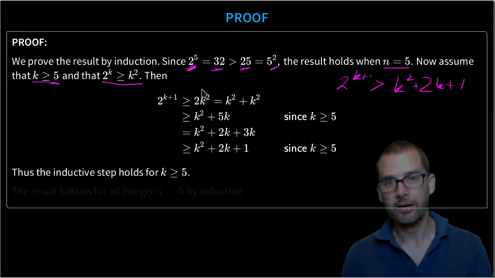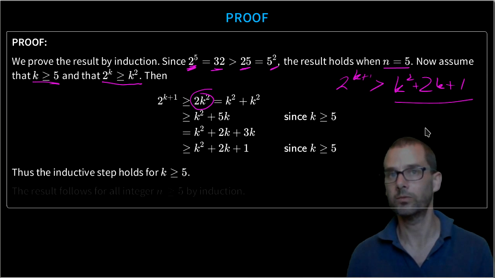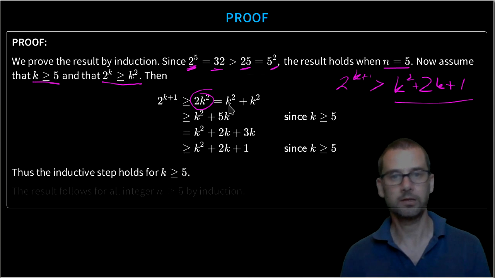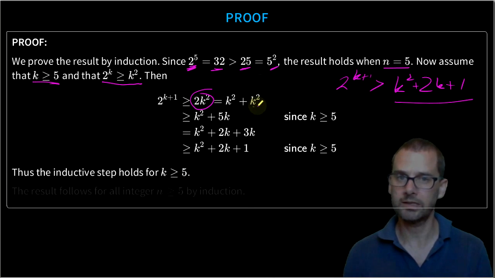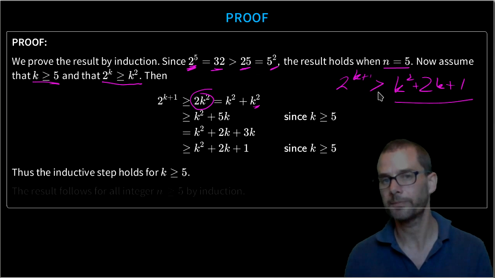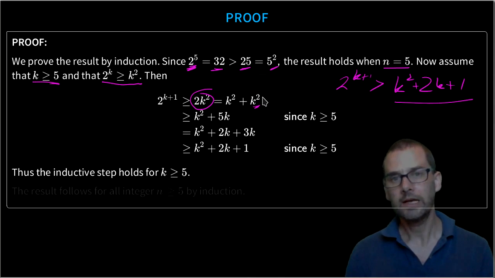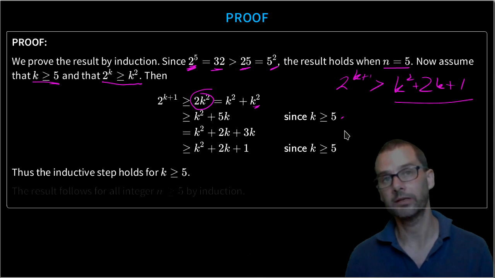Well, let's start massaging this right-hand side to make it look like the thing that we want. We can write this as k squared plus k squared. So we'll reserve this k squared and then start playing with the other one. We've already made the right-hand side look like the right-hand side that we want. Well, k squared is definitely bigger than or equal to 5k because k is bigger than 5.